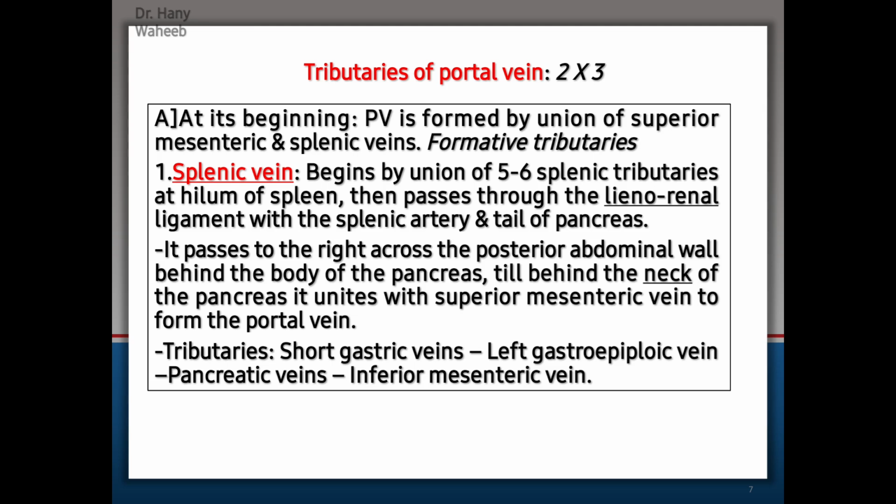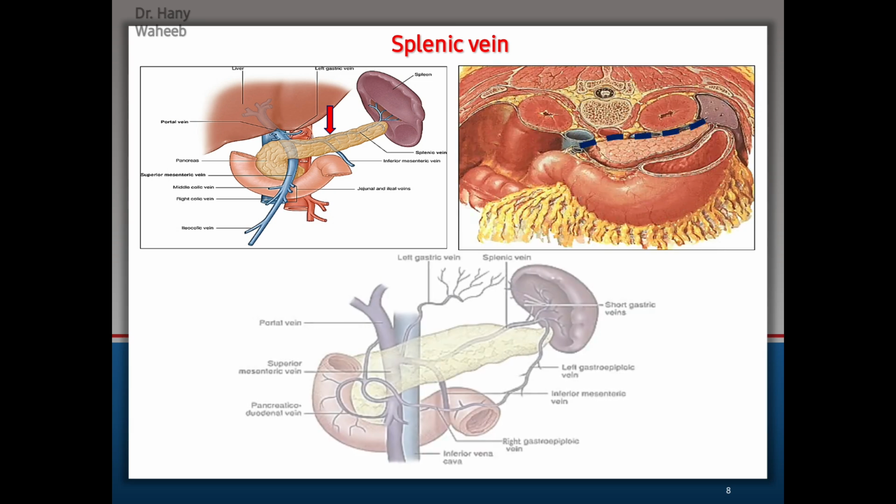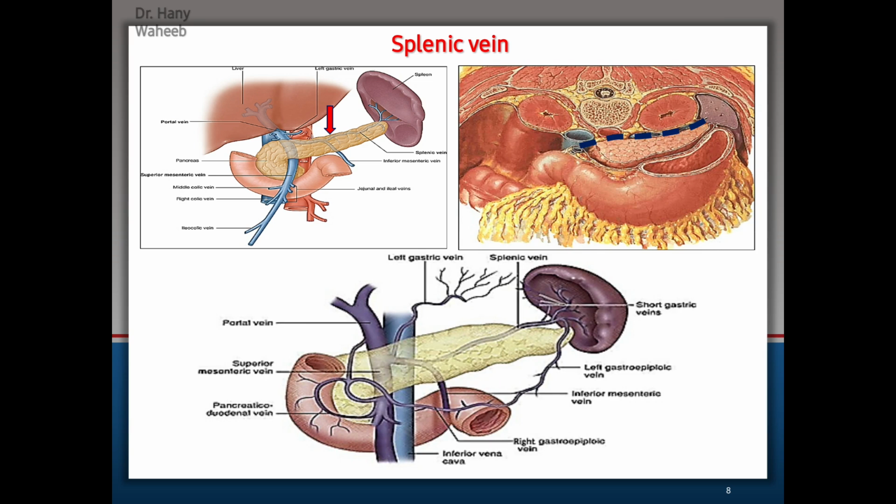And the last tributary is the inferior mesenteric vein. So again, tributaries of the splenic vein include short gastric, left gastroepiploic, pancreatic, and inferior mesenteric vein. Here, the splenic vein runs to the right behind the body of the pancreas to join the superior mesenteric vein to form the portal vein.